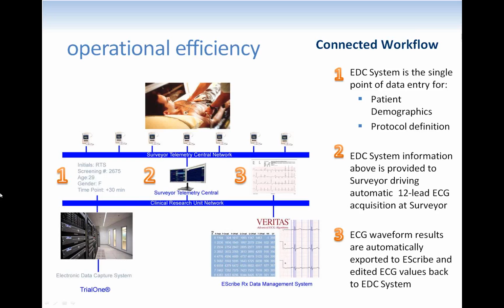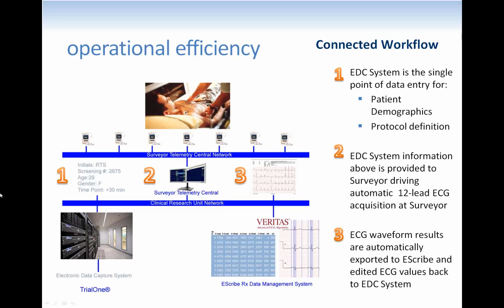It has all the protocol definition already contained within it, and so we don't need to wheel around electrocardiographs to the bedside any longer and enter in demographic information and enter in a time point number and look at the wall clock and look at the clock on the electrocardiograph and synchronize those prior to acquiring a time point.